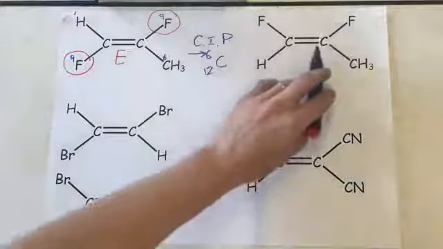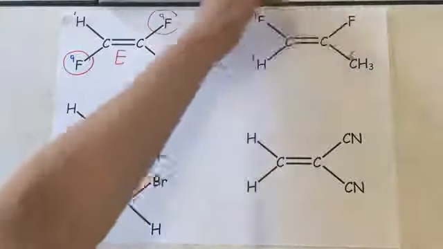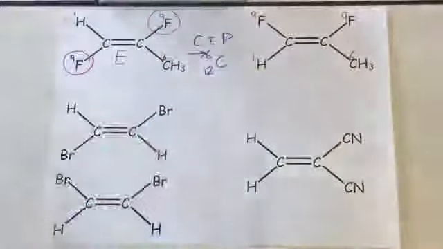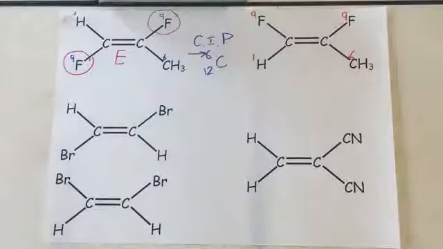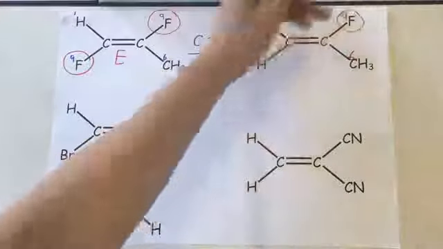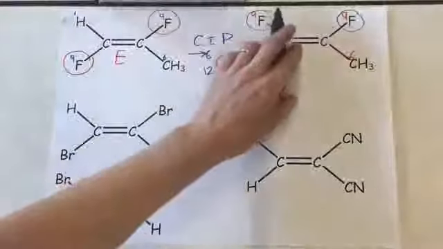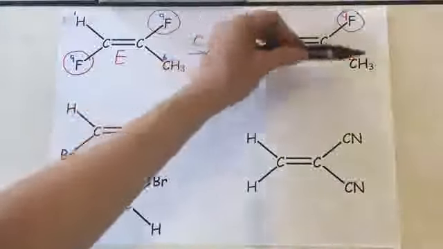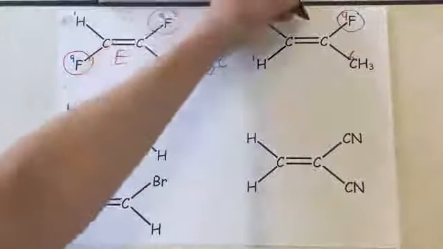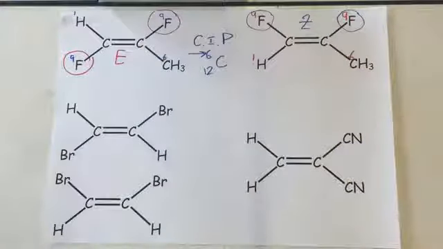On the other side over here, if we label up the same atomic numbers once again, we can see that on the other side, we've got the two high priority fluorines with their larger atomic number values. Both of these are on the same side. So we've got top side and underside. And since they're both on the top side, or the same side, cheesy, I know, but it works, this is the Z isomer just there.